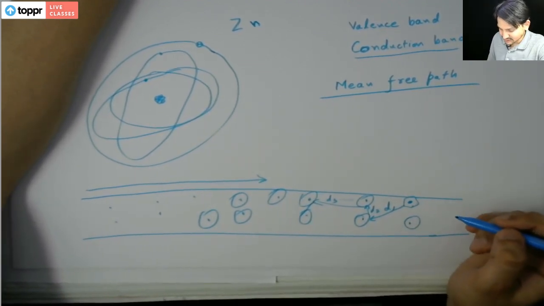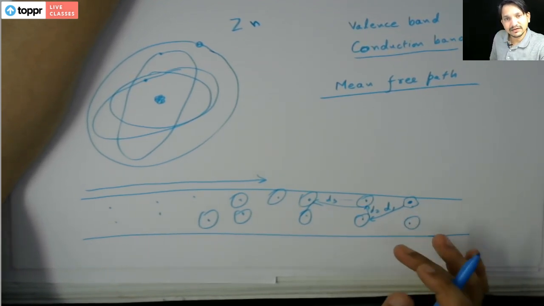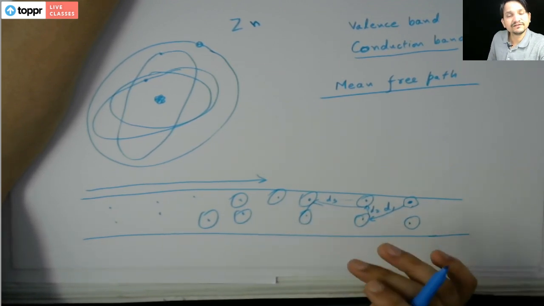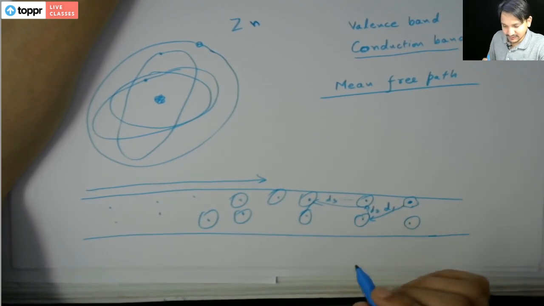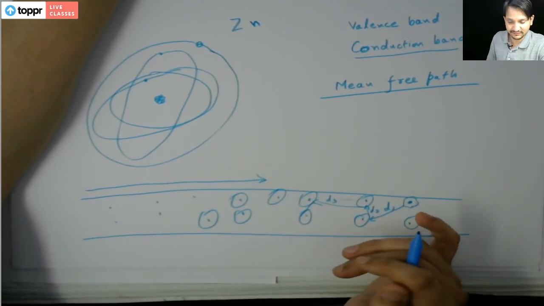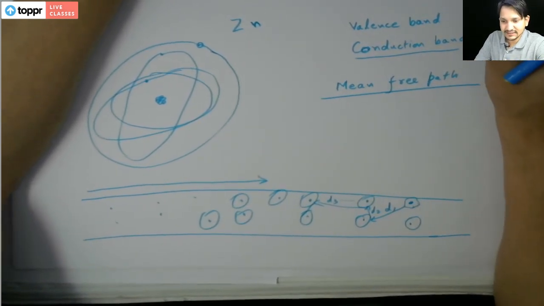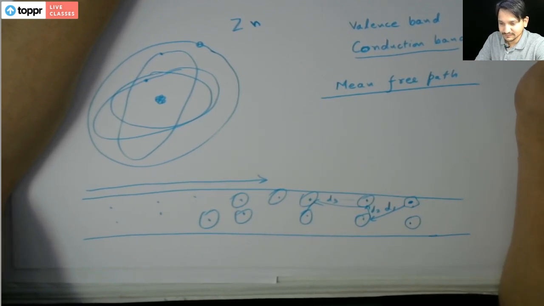So there is a concept of mean free path: every electron in its journey has to cover some path without any disturbance, and the mean of that path is called the mean free path. Let's consider one question from one of our textbooks.